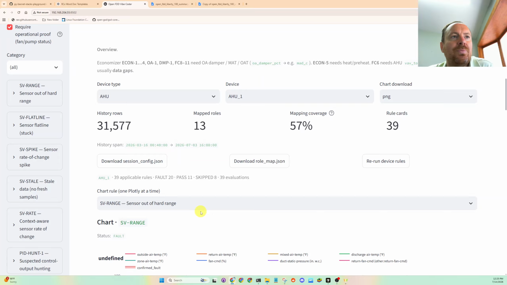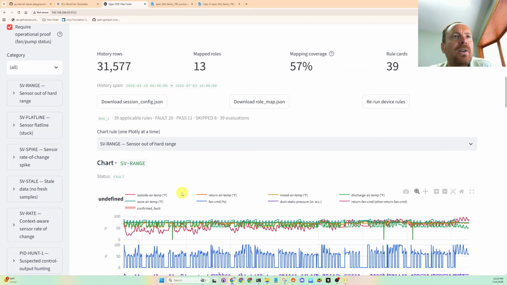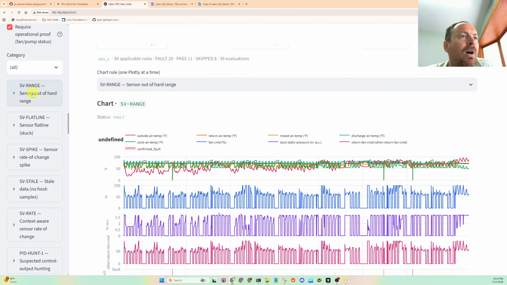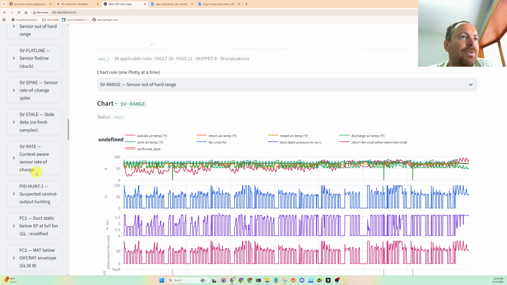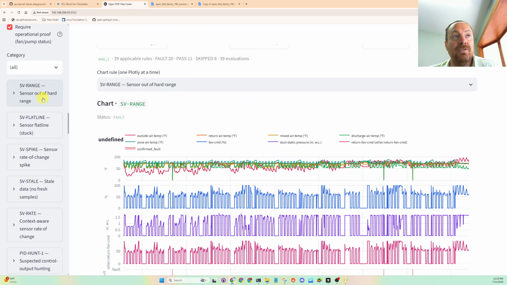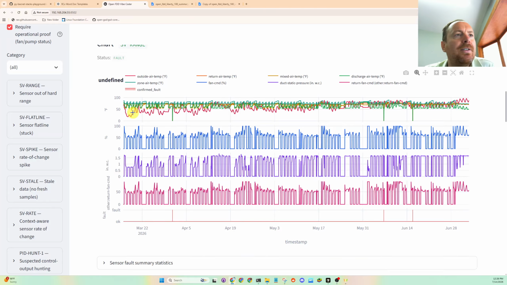I'm trying not to be redundant on every video, but there are 58 fault equations now, and they're all on the Open-FDD repo, in the pandas version, not the SQL version. I'll keep updating that as I make things better, so the expression rule cookbook will get updated continuously, probably again today.